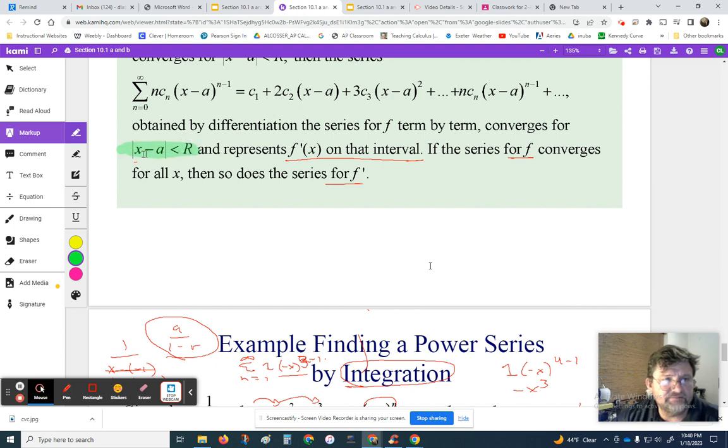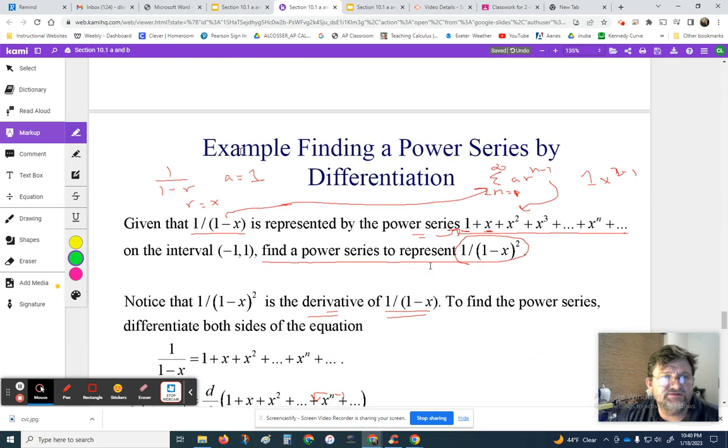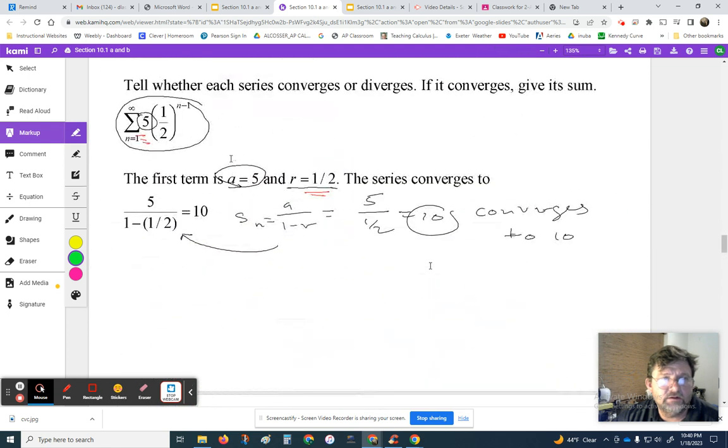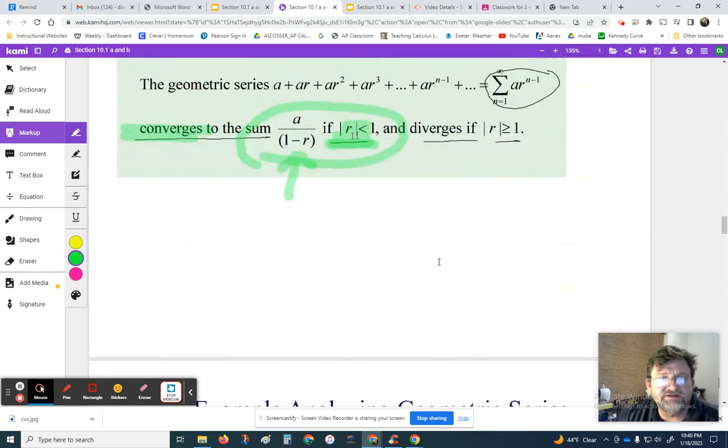The absolute value of x minus a, because this is when it's centered. Let me go back up here. Sorry, guys. This is when it's centered at 0, no problem, right? It's right at 0. X minus a, r minus 0.